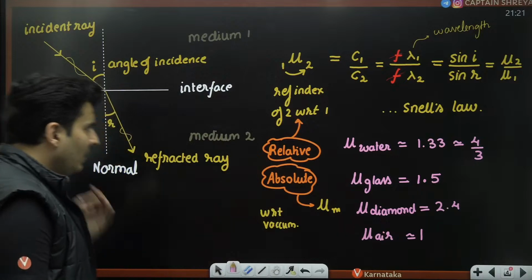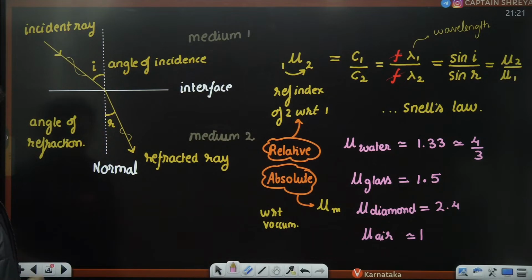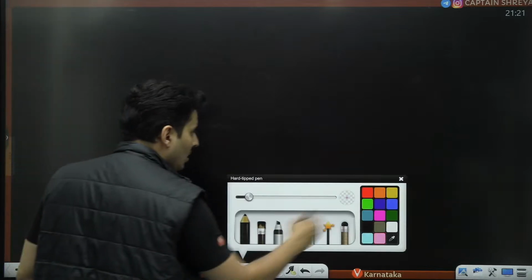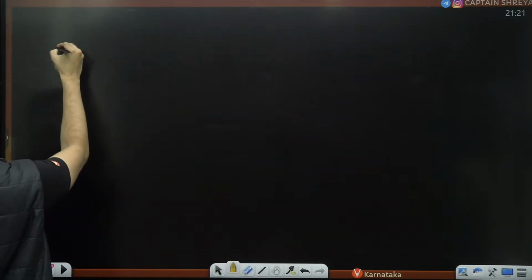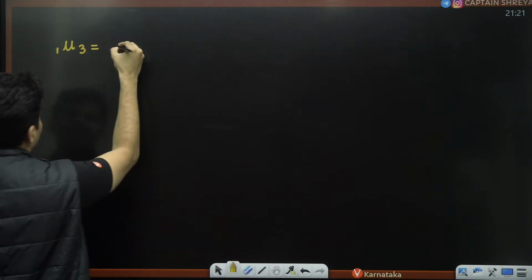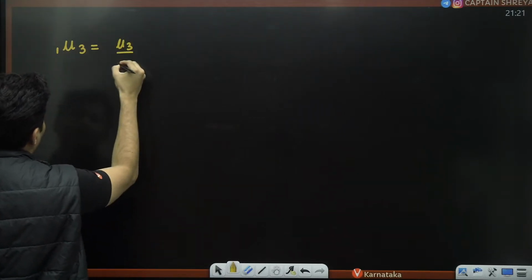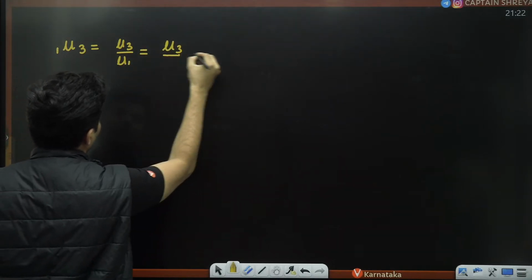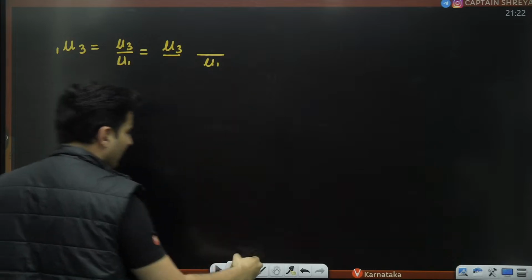Now I'll make some use of this, and I'll give you some more formulas over here. You will also see that 1μ3, which is μ3 by μ1, can be written with μ3 separate here, μ1 separate here.